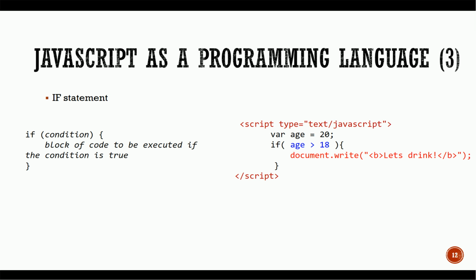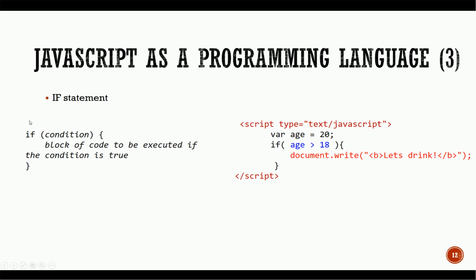The first and most simple logical flow is the if statement. In case you have learned Java already, this can be a repetition for you. But if not, you should understand that the if statement will execute a block of code that stays inside the if declaration in case a certain condition becomes true.